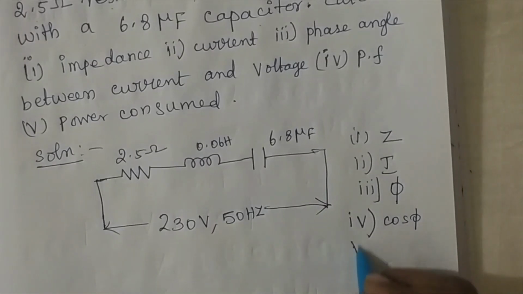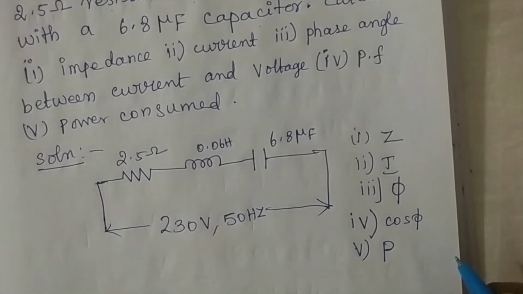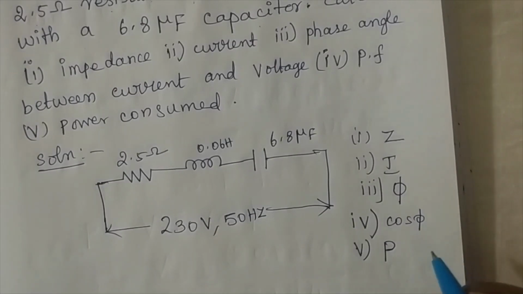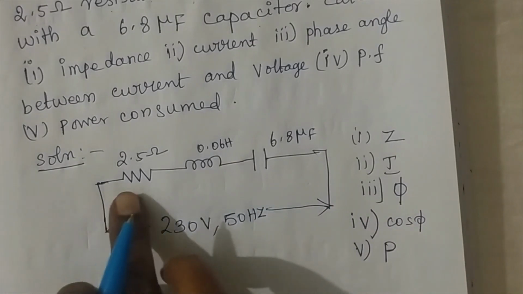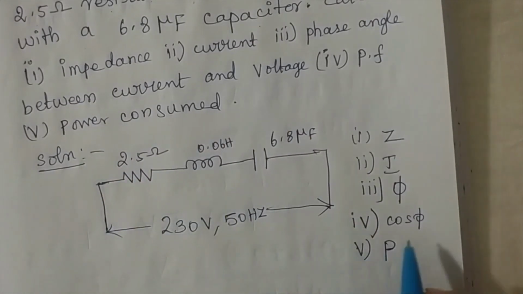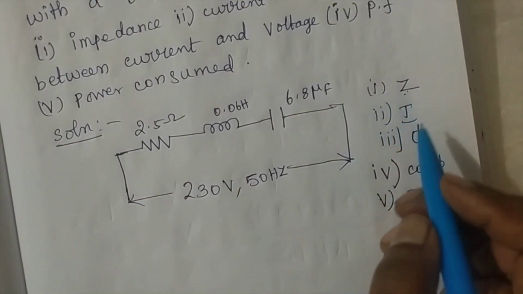And fifth one is power consumed, that is real power, or we can say average power, or another name is useful power, that is the power consumed by these three loads totally. Okay, so first we have to find the impedance.